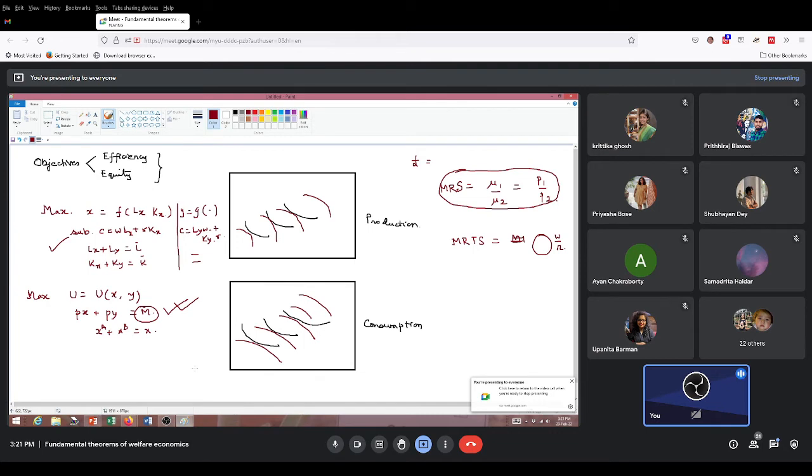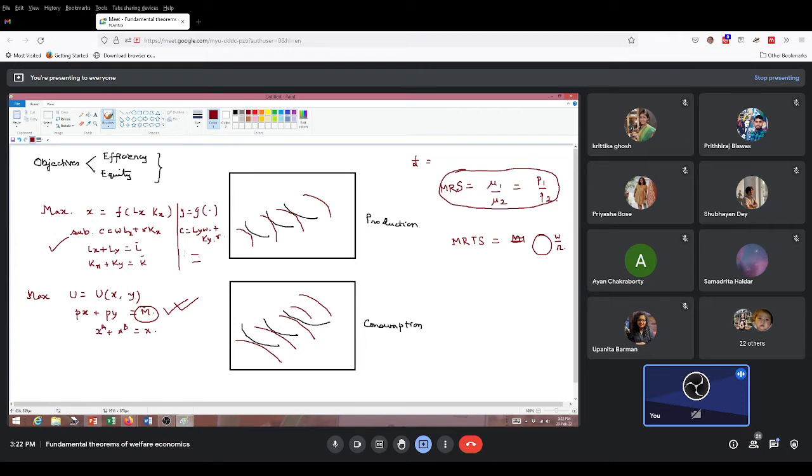So the optimization exercise that we looked at yesterday was from the point of view of society. But if you look at the individual agents, all of them have their own maximization problems.